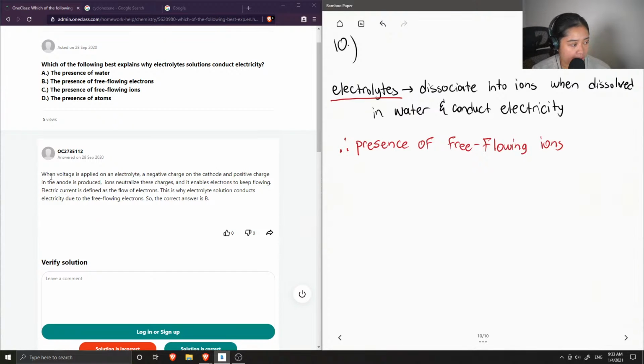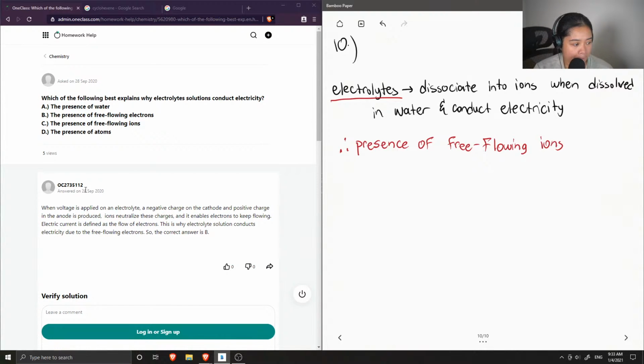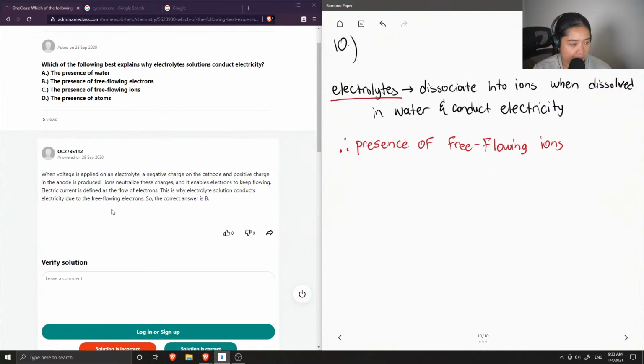So Janine the tutor said that when voltage is applied on an electrolyte, a negative charge on the cathode and positive charge in the anode is produced. Ions neutralize these charges, and it enables electrons to keep flowing. Electron current is defined as the flow of electrons. This is why electrolyte solution conducts electricity due to the free-flowing electrons.